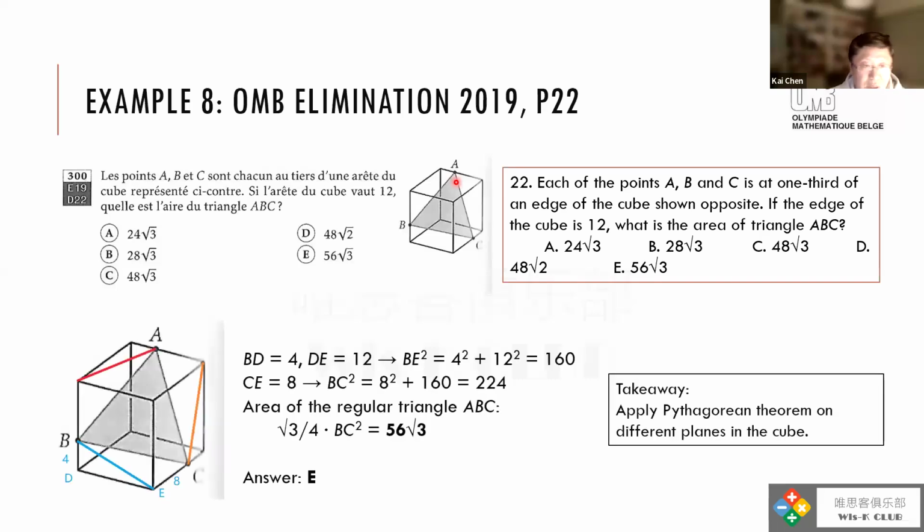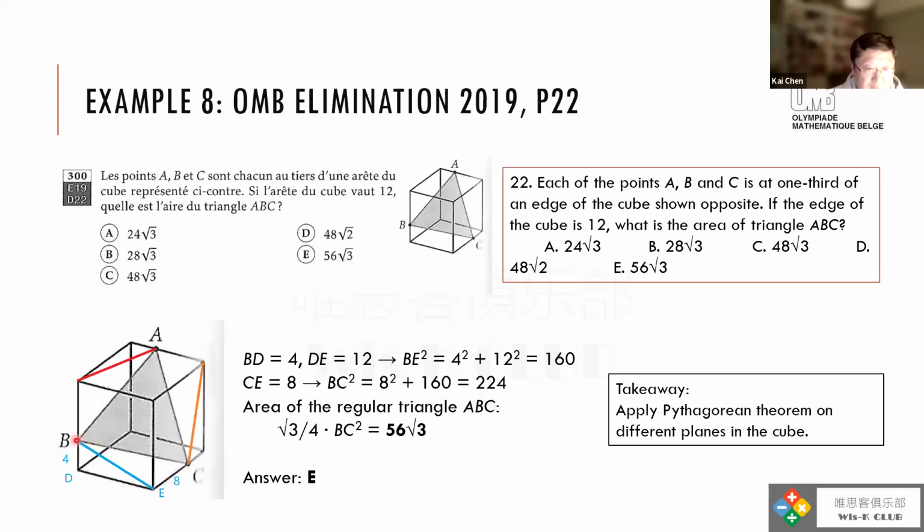So what we can do is we find the BD is 1/3 of the H, so it gives you 4. And EC is actually 2/3 of the H because here it goes to one portion, here the two portions. So CE is actually 8, and DE is 12.